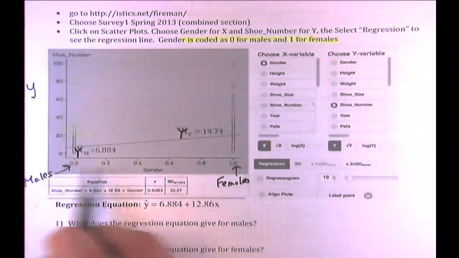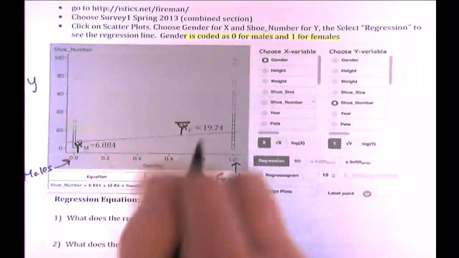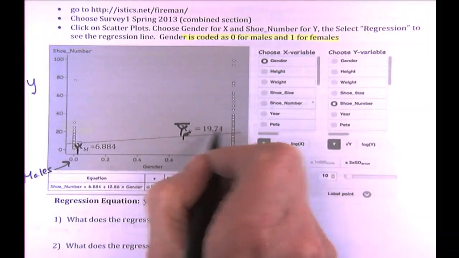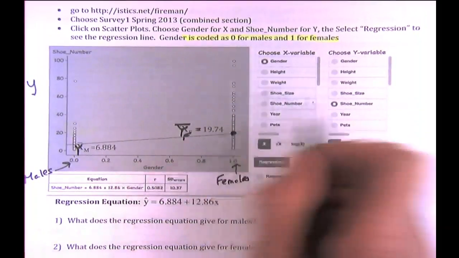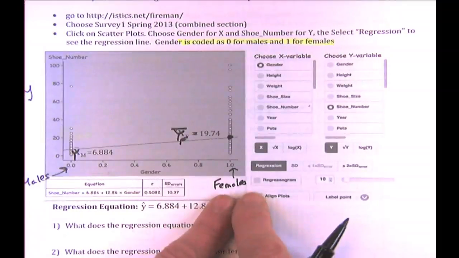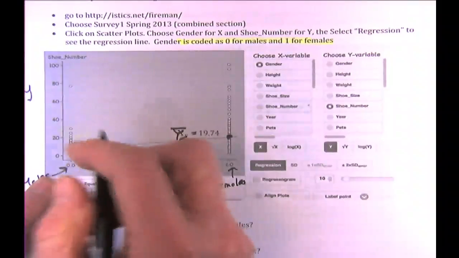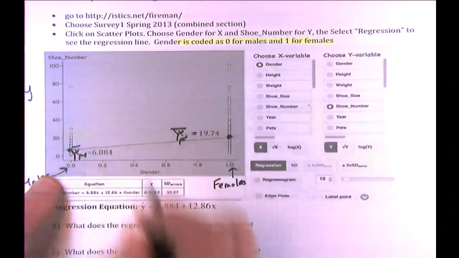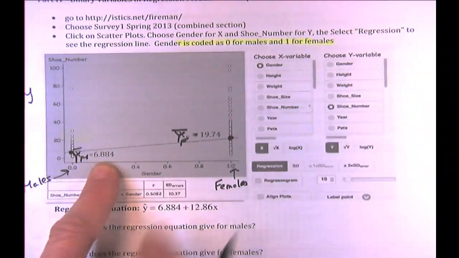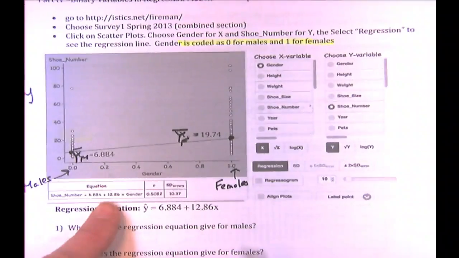So the average number of shoes, Y bar, for the females equals 19.74. And that's this. If you're a female, my best prediction for you is the average, 19.74. And if you're a male, Y bar for males, that point right there, is 6.884. And the difference between those two is this slope.